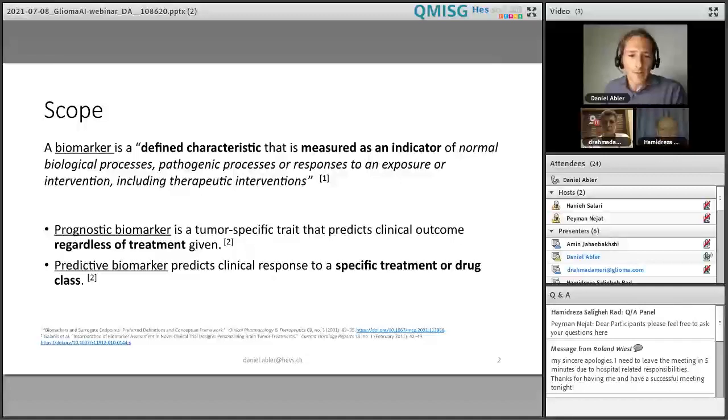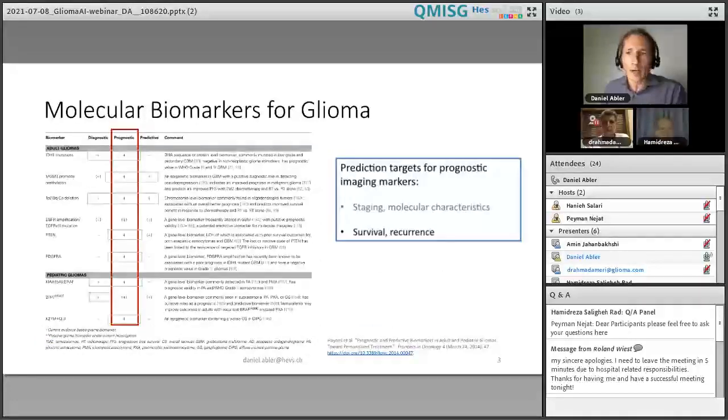As we've seen before, there are many existing biomarkers, for example, those molecular biomarkers for glioma that I'm listing here. And as you can see, there's always some overlap between whether they have a diagnostic, a prognostic, or also a predictive value.